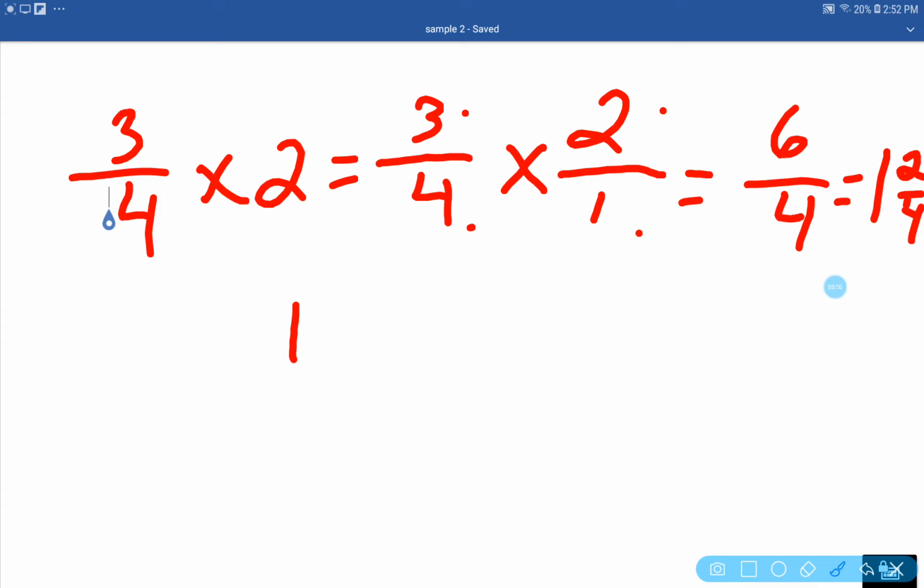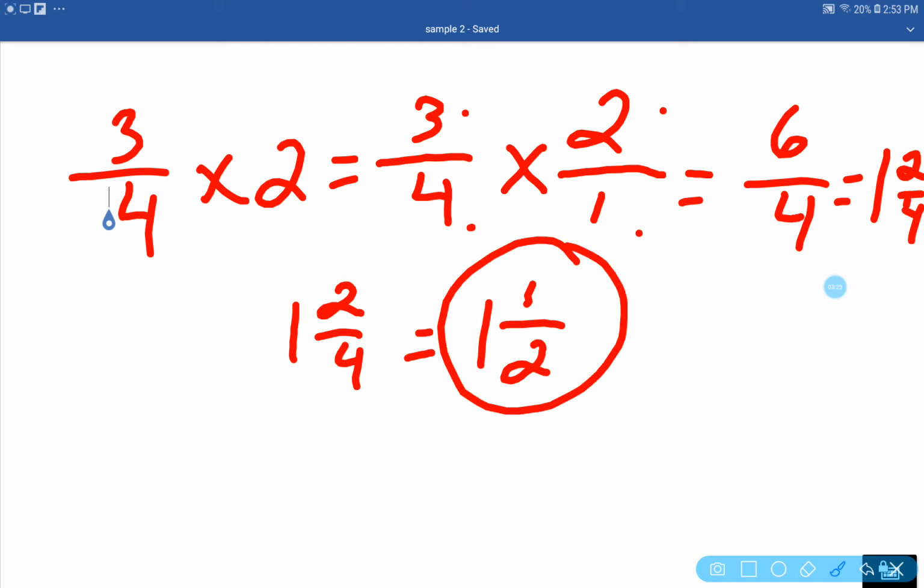So we're going to have 1 2/4, and we're going to reduce. So we can take and reduce that by 2. So take that 2, we'll change to the 1, 2 into 4 goes 2. So that will be our final answer. So 3/4 times 2 equals 1 1/2.